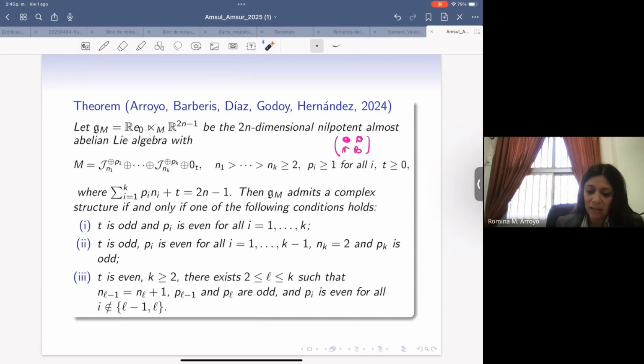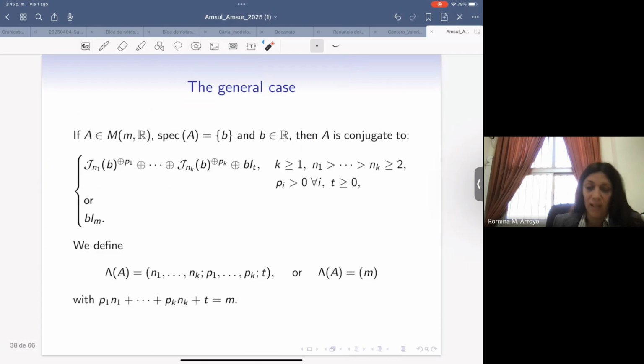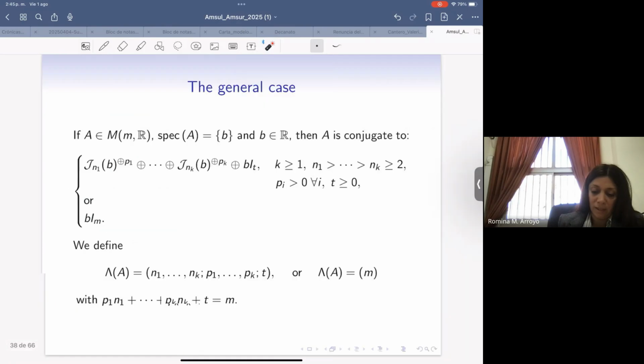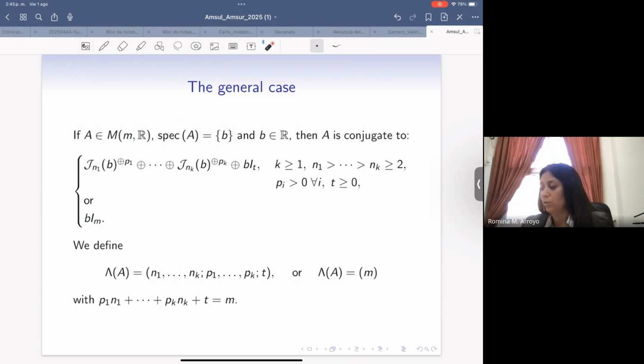But what happens in the general case? Because this is just the nilpotent case. Here, I will need to introduce more notation.